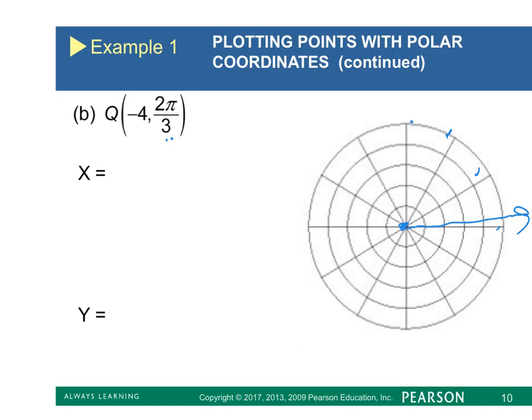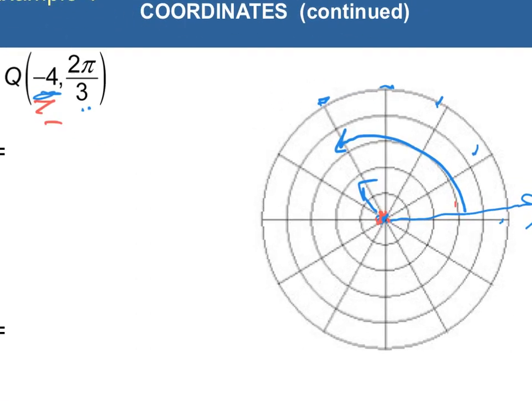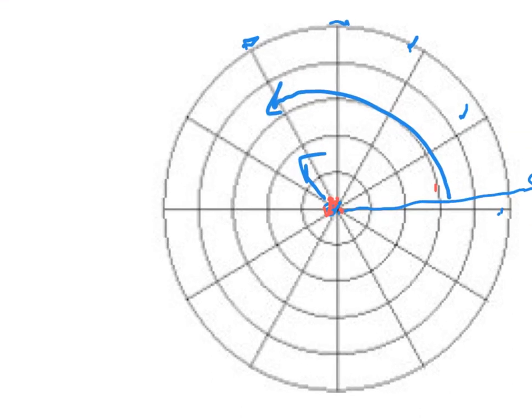60, 90, 120. So you're opening up all the way to here, but you're not going out this way. You're not going that way. It has to go out the opposite of what you would think would have been the positive direction. So I open up that way, but I'm going out this way a distance of 4. So 1, 2, 3, 4 goes out to here.